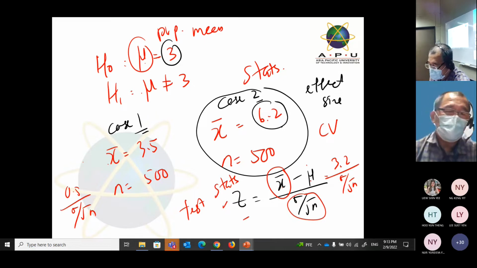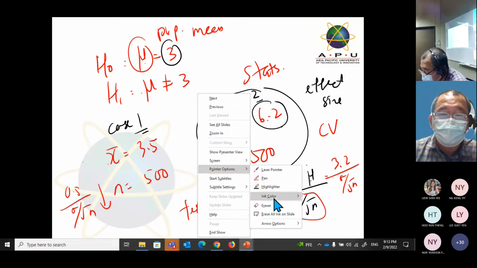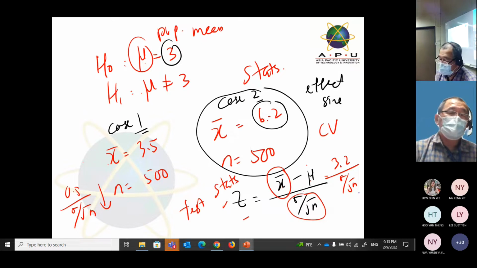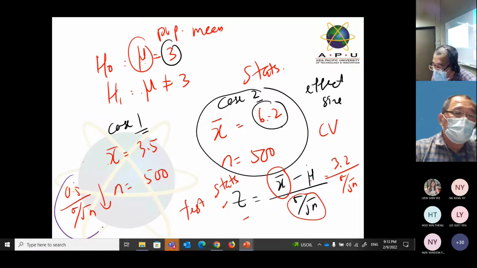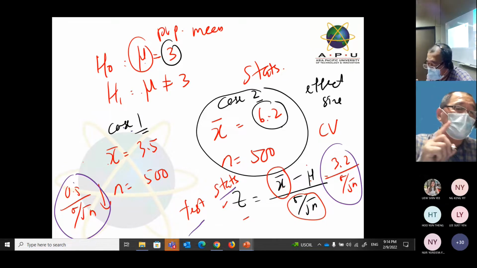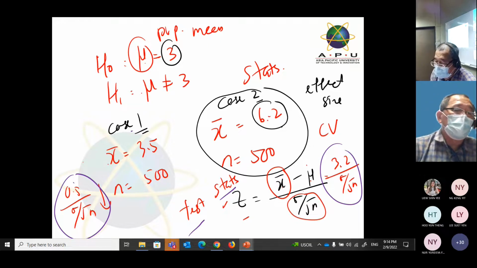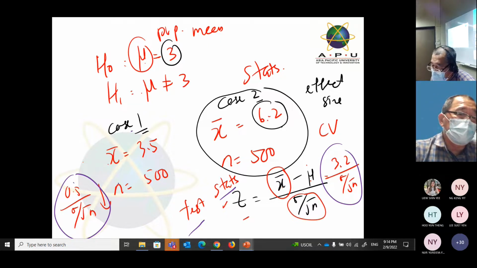So this is for case 1. Therefore, we know the test statistic for case 1 must be smaller compared to case 2, because it is 3.2 over a number, and again, we assume this number is the same.